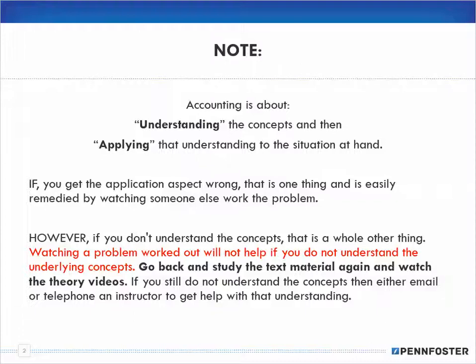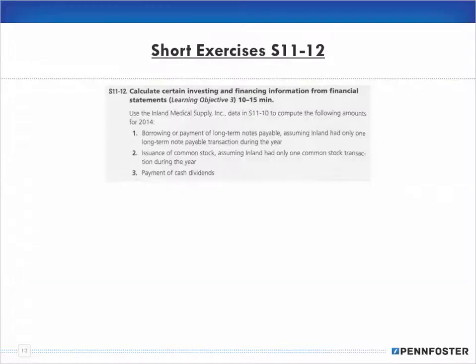And if you watched the video for the previous exercise, which was 11, I kind of explained where we are in the process. But I'm going to go over it again because it's this idea of understanding the concepts that I'm trying to hammer home here. Up to this point, you've learned how we're going to create the statement of cash flows.